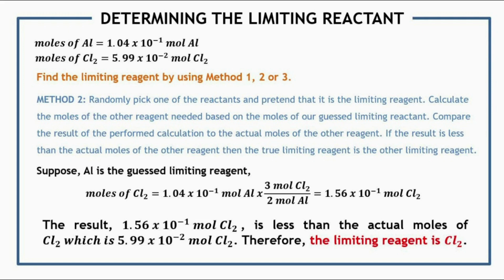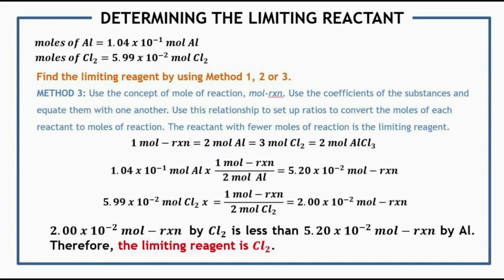The number of moles of aluminum that will come out is 0.04, which is less than the given. So this is the equation that is not shown here that we are going to consider. And of course, the aluminum is in excess, so it's the excess reagent, and the chlorine is the limiting reagent. Anyway, I'm going to explain this method further in another video.